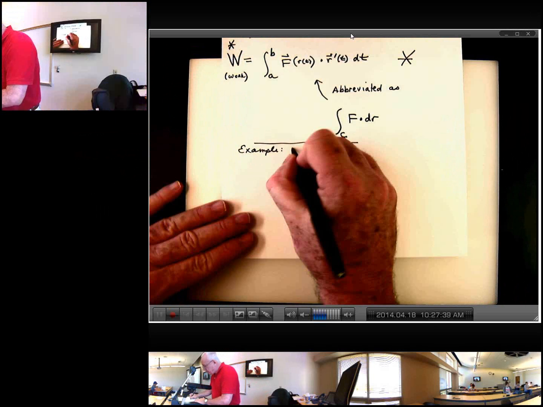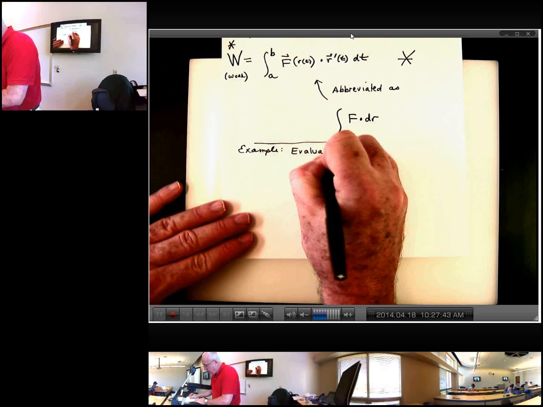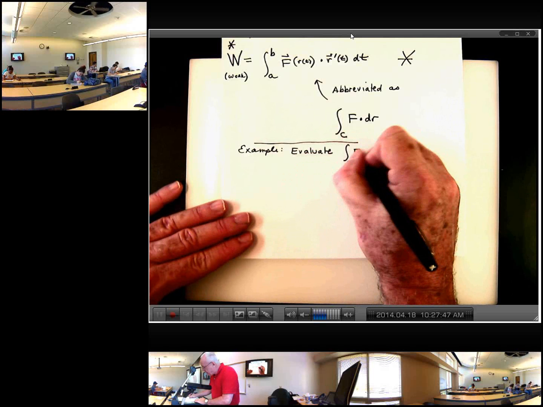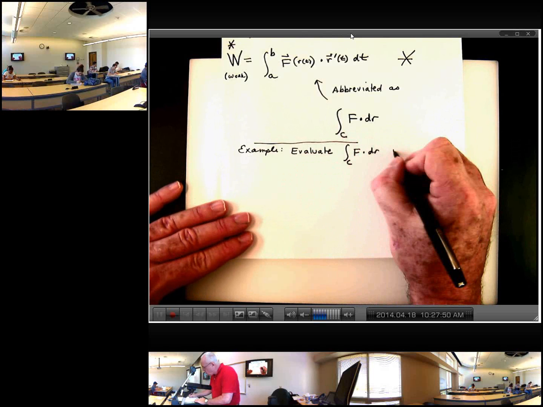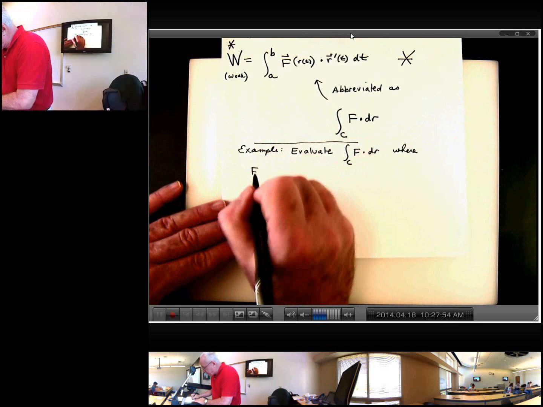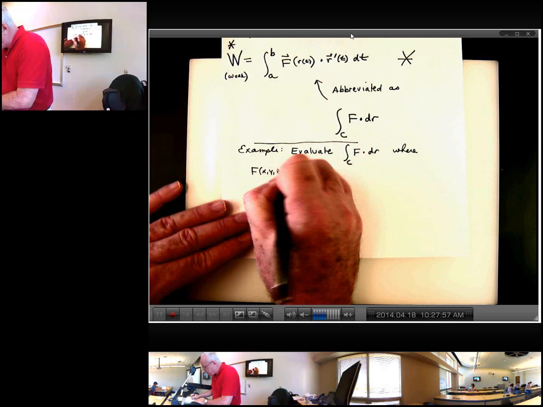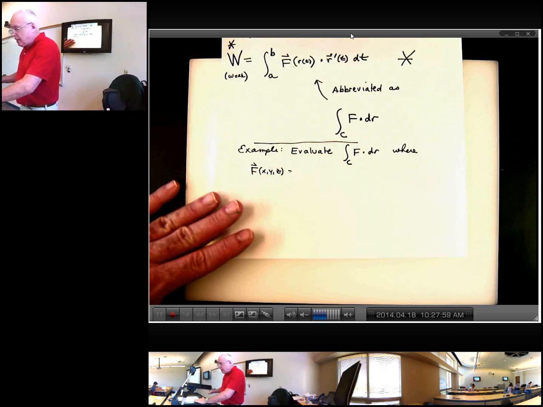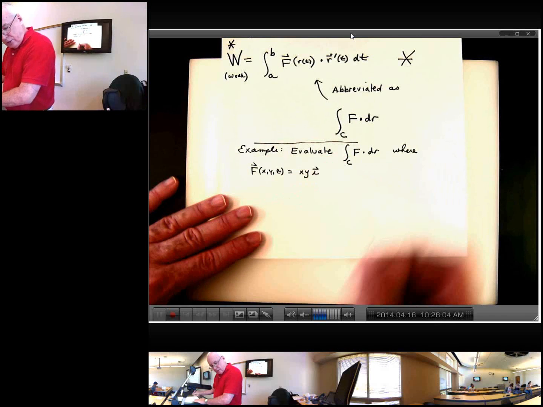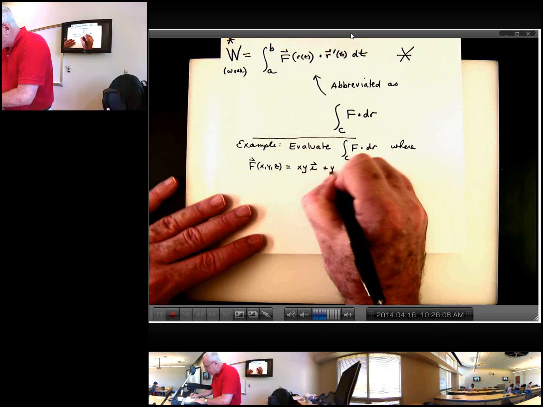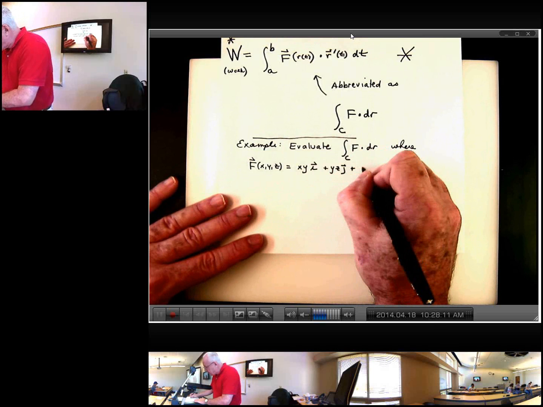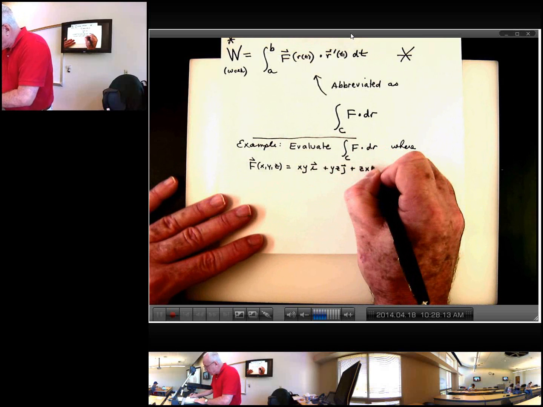Evaluate the integral over C of F dot dr, where, first of all, we better know what our F function is, where F of x, y, and z, remember this is a vector, is equal to the following: x times y times the i vector plus y times z times the j vector plus z times x times the k vector.